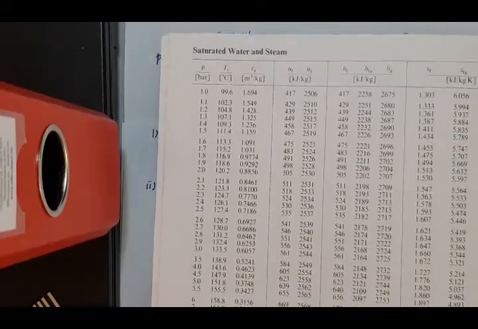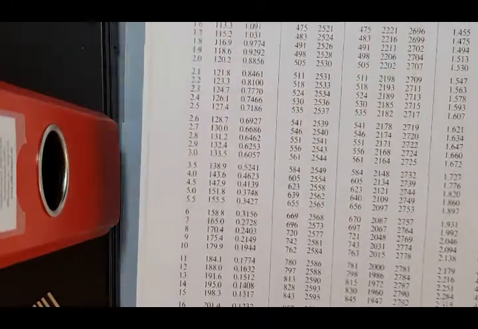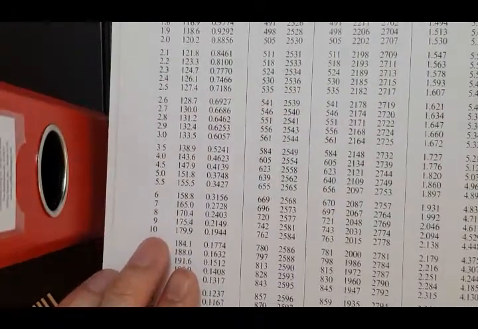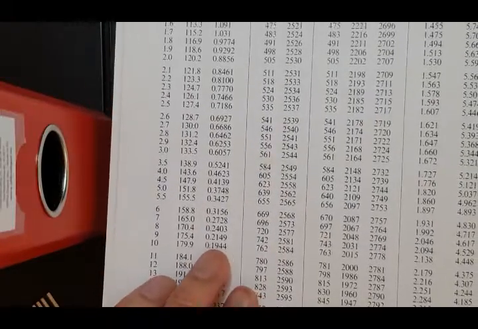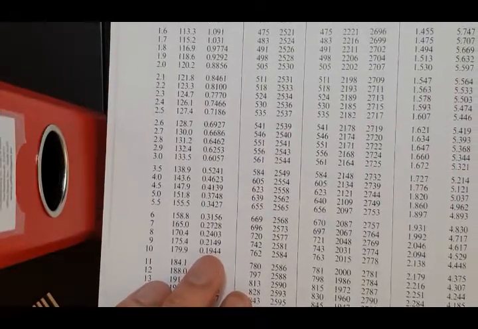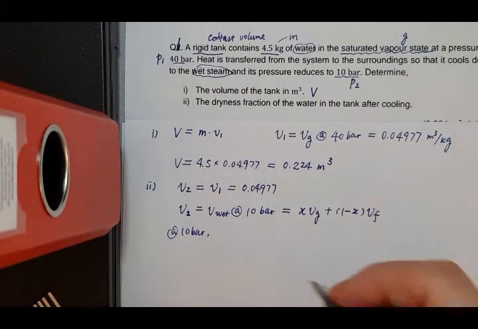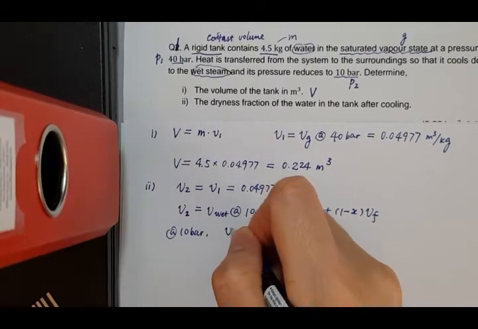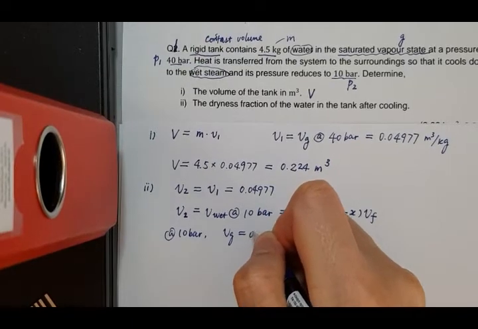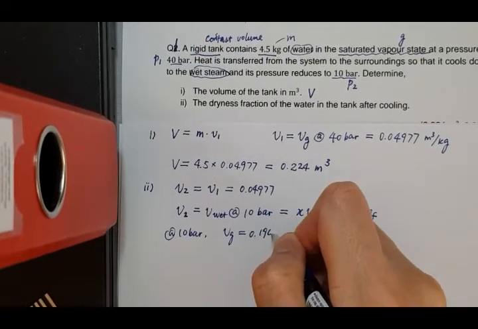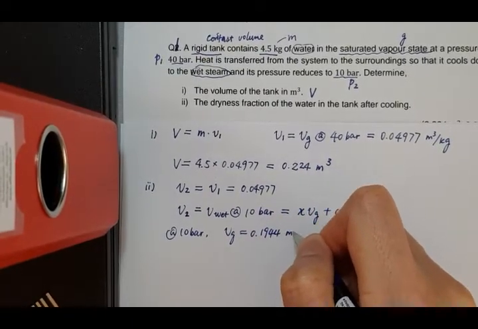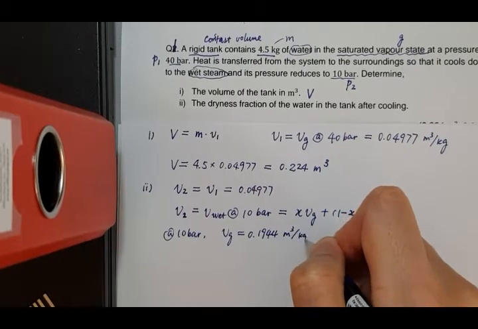In the table of saturated water and steam, we find our pressure of 10 bar, and the third column is here, 0.1944, so that's for Vg. So Vg is equal to 0.1944 cubic meters per kilogram.